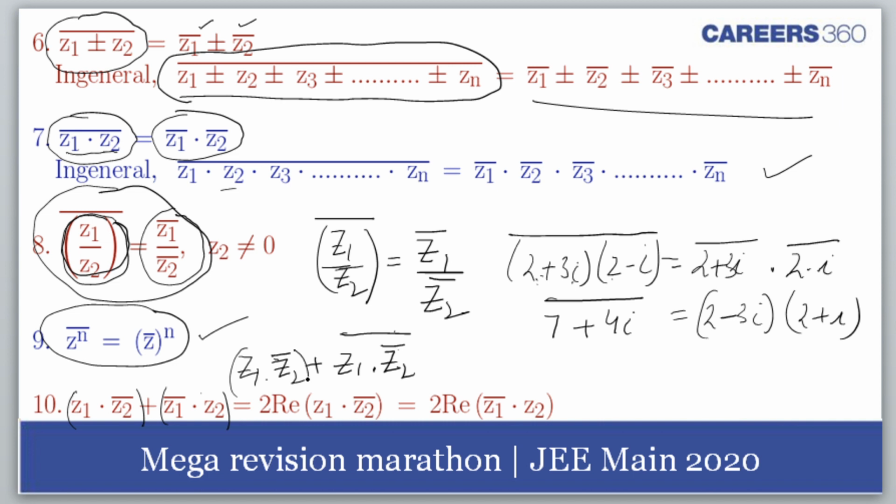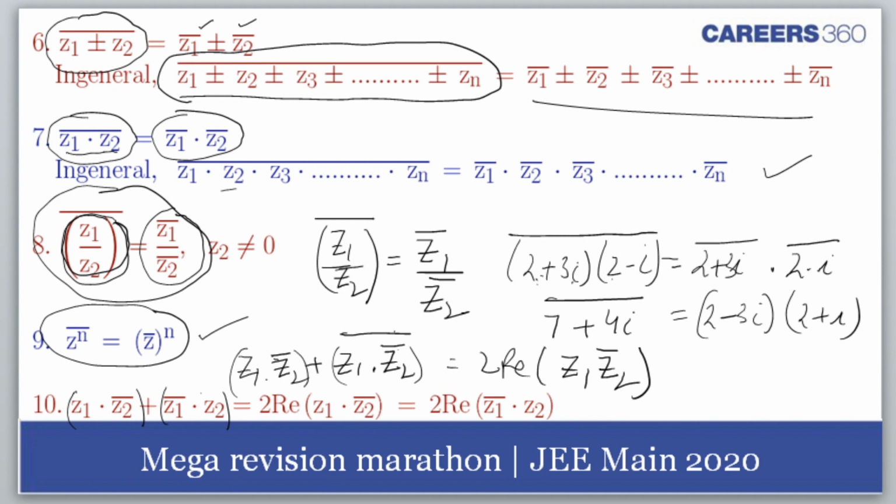Now this is a complex number. This is its conjugate. This would be twice real part of the complex number itself. Am I right? Z plus Z conjugate is twice real part of Z. I hope you got this. Yes, students. Is it okay, Madhu? 10th one I have explained now.